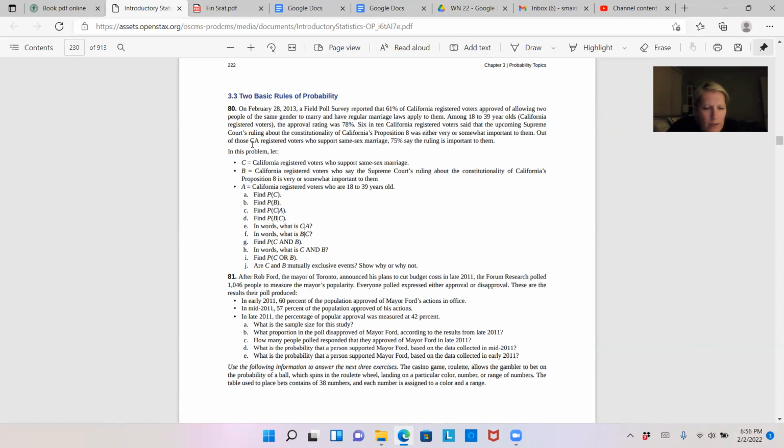Out of those California registered voters who support same-sex marriage, 75% say the ruling is important to them. So C is the California voters that support same-sex marriage. B is California voters who say that the ruling is important to them. And A is California registered voters who are 18 to 39 years old.